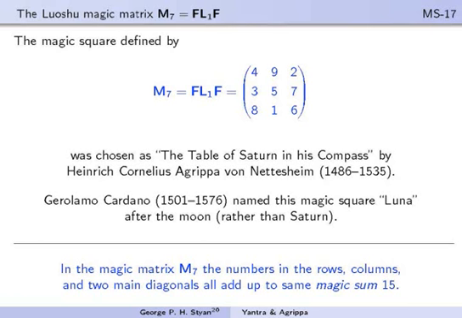I understand the first publication was in 1531. Girolamo Cardano, living slightly later, named the same magic square Luna after the moon rather than Saturn. In the magic square M7, as we've already noted, the numbers in the rows, columns, and 2 main diagonals all add up to the same magic sum, 15.